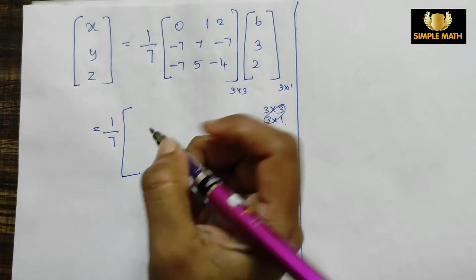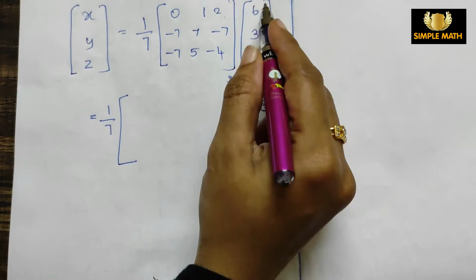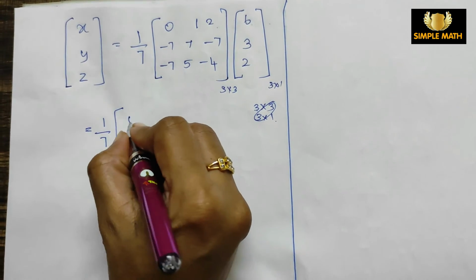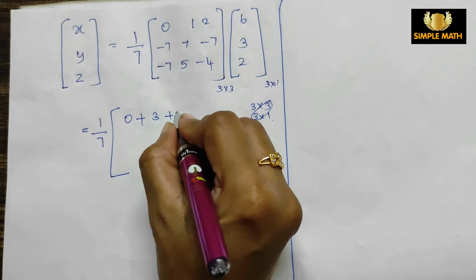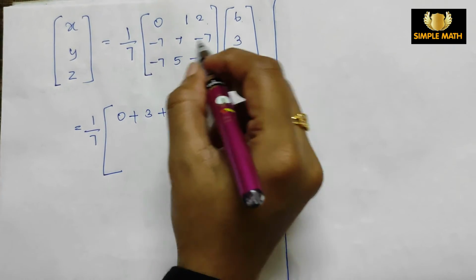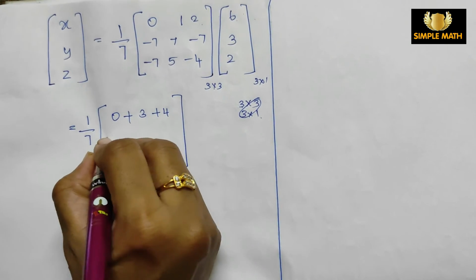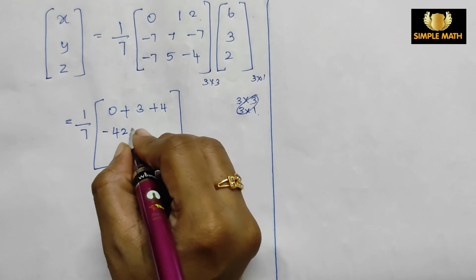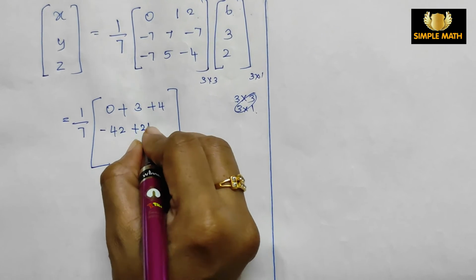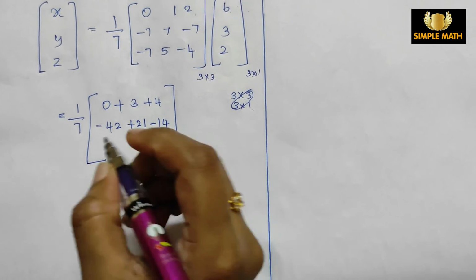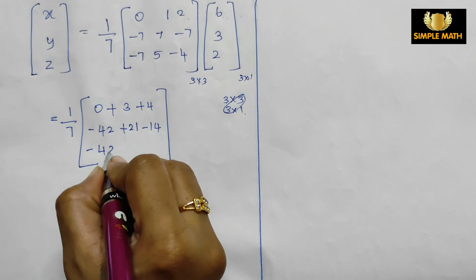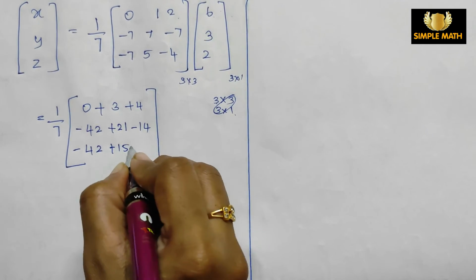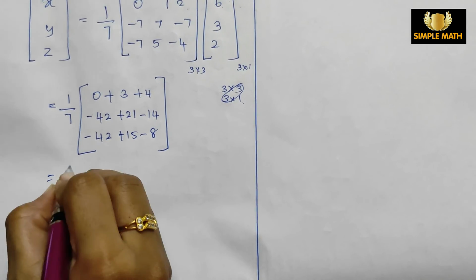1 by 7 multiplying the first row into first column. So 6 zeros are 0 plus 3 ones are 3, 2 twos are 4. Next, second row and first column, minus 42 plus 21 minus 14. Next, minus 42 plus 15 minus 8, which is equals to 1 by 7.